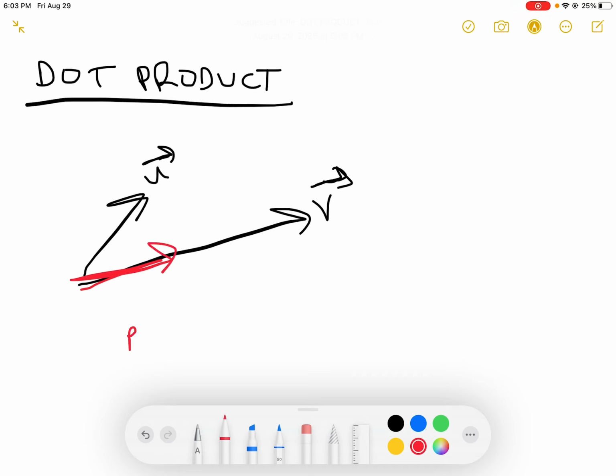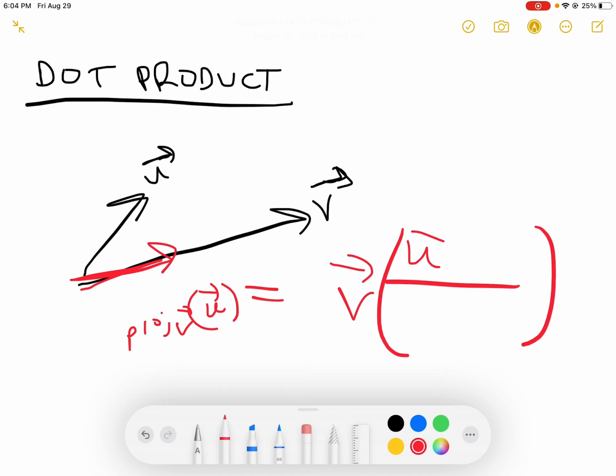That's going to be considered this. This is the notation for that. And the formula for this is going to be vector v times u dot v, the dot product there, and then the magnitude of v squared.